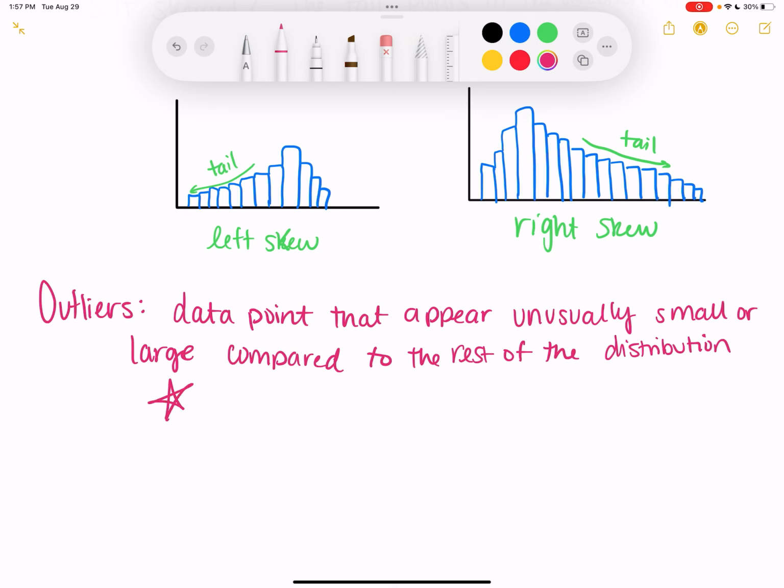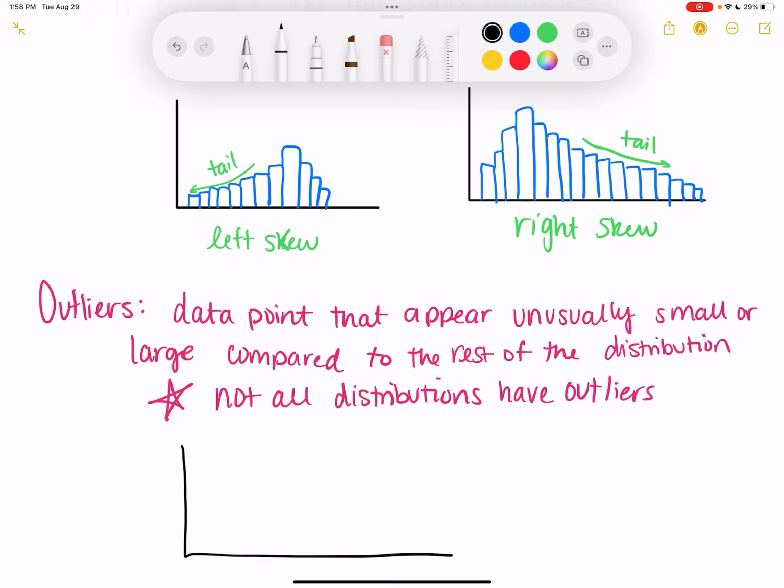Big thing to note, not all distributions have outliers. We don't want them to have outliers, but inevitably it does happen more often than not. So this time we just need one little baby graph.